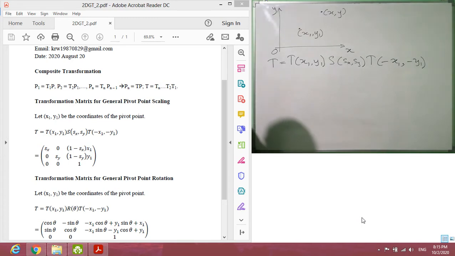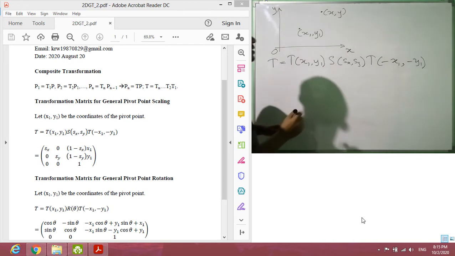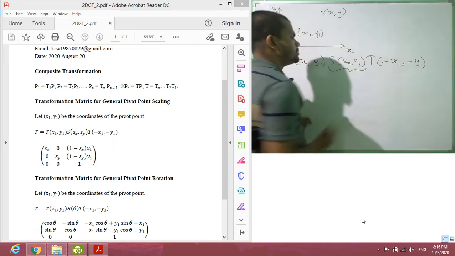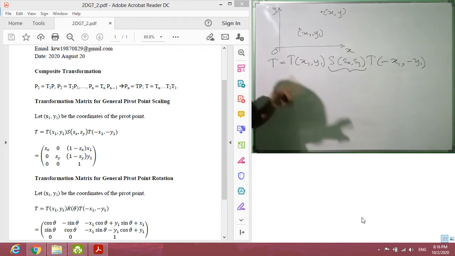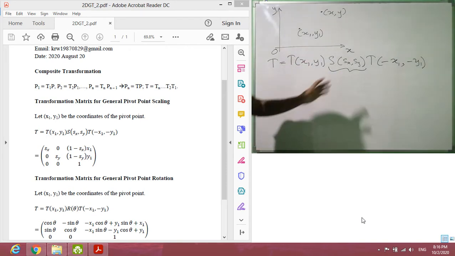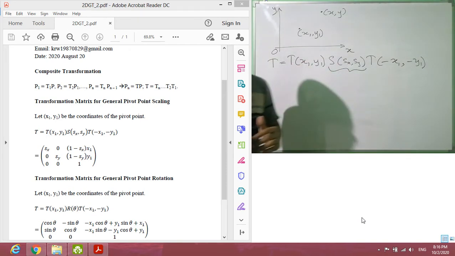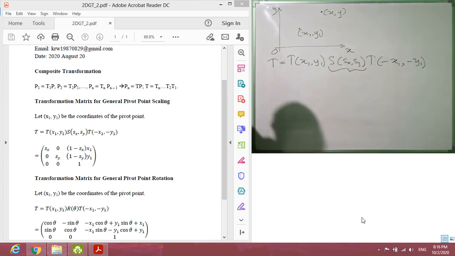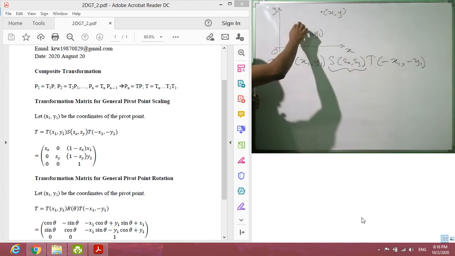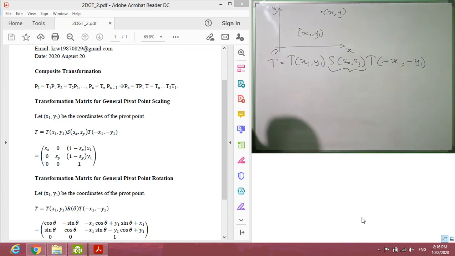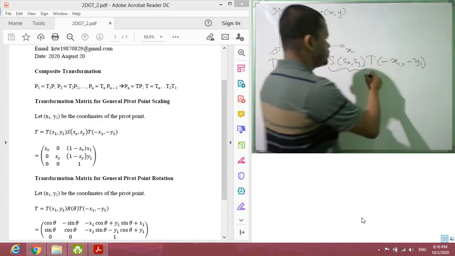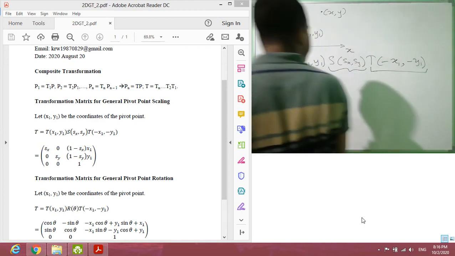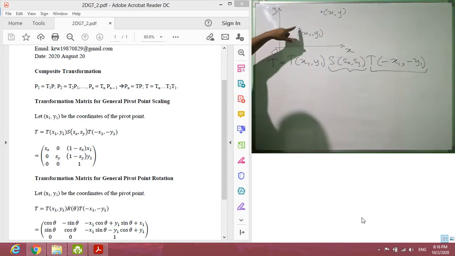I will try to explain this again. The purpose of this matrix is to scale with respect to the origin, but we have to scale with respect to this pivot point. Therefore, first we take the origin to this position.